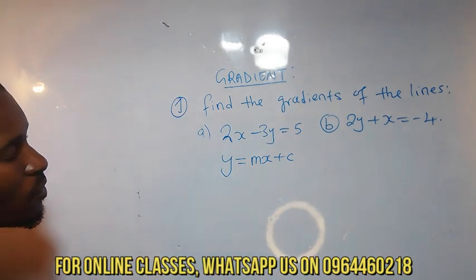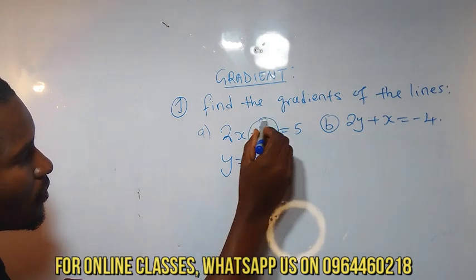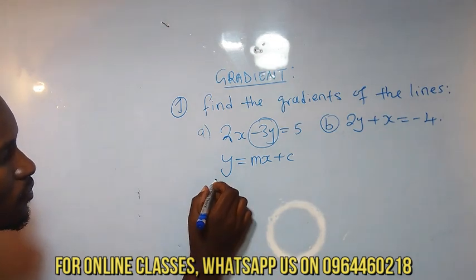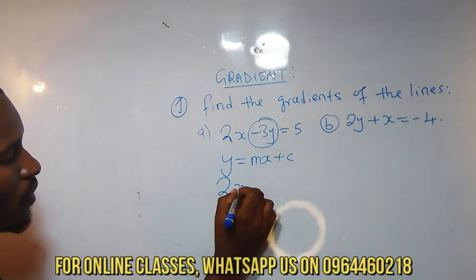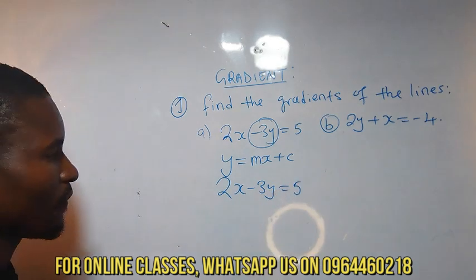And this is how it is going to be. We are going to make y the subject of the formula. We have 2x minus 3y equals 5.